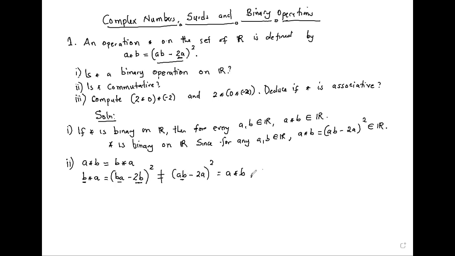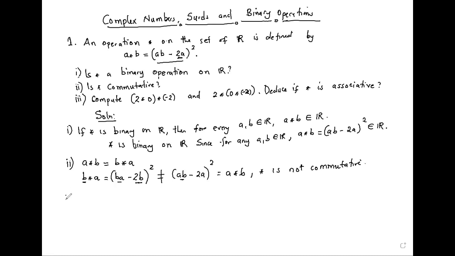So then we say star is not commutative, based on that comparison there. We want them to be equal. So if they fail to be equal, then there's no commutativity.